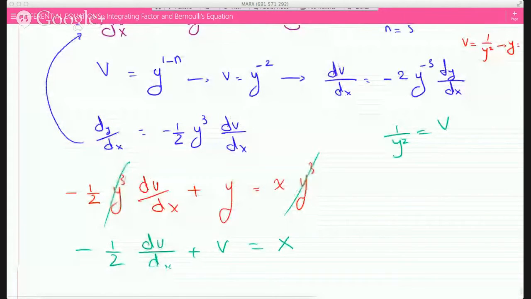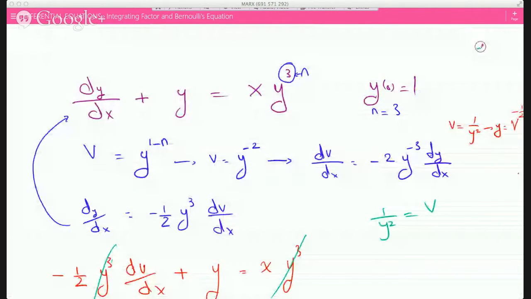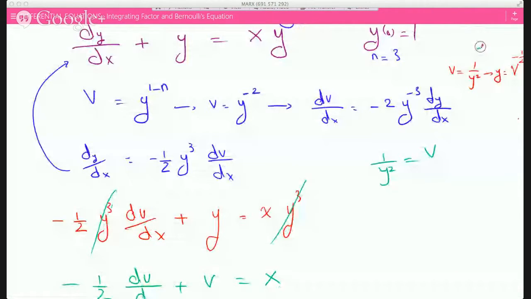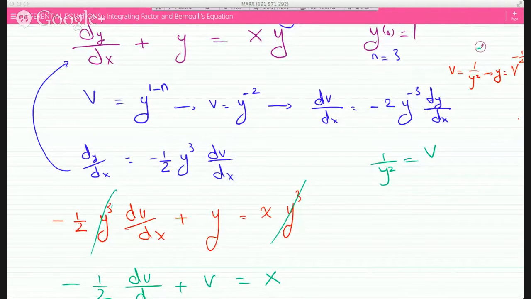Watch. This is just algebra. This turns out to be negative 1/2 y cubed dv over dx, because when you differentiate this, you get minus 2y to the negative 3 dy over dx.